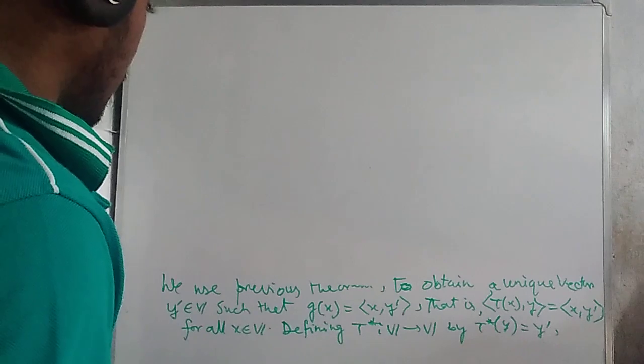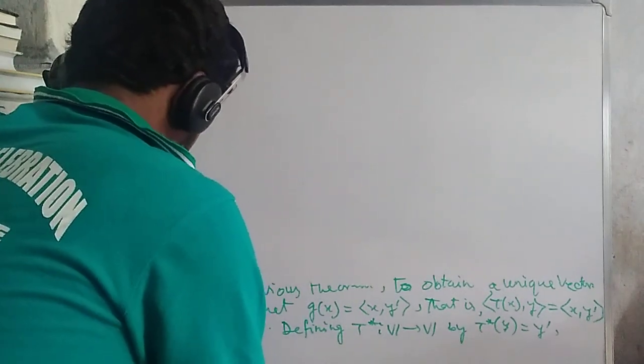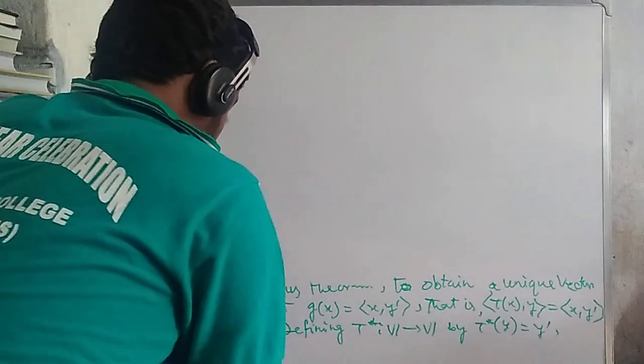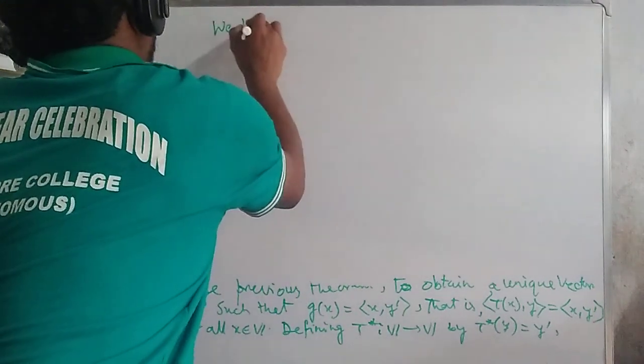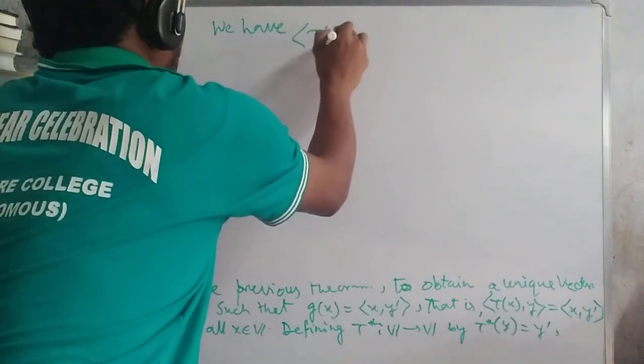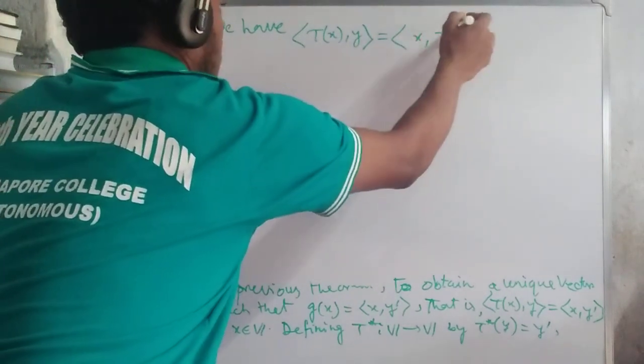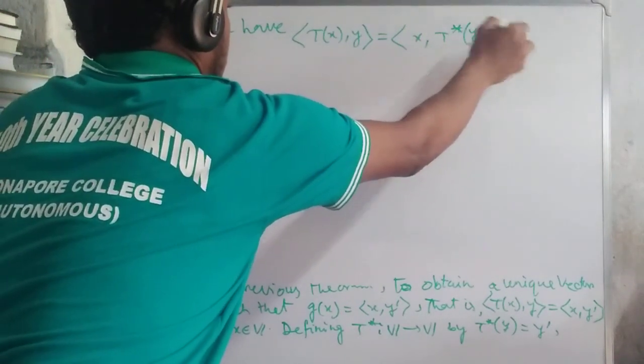So that means we also see here what we have: ⟨T(x), y⟩ = ⟨x, T*(y)⟩.